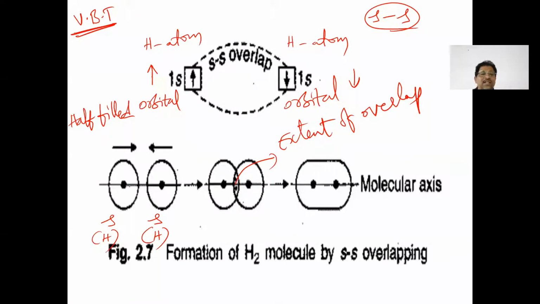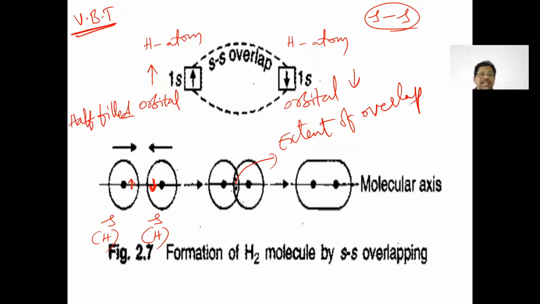This 1s orbital has a clockwise spinning electron, and this 1s orbital has an anti-clockwise spinning electron. Now these 2 electrons will be located between the 2 nuclei. This is the nucleus of one atom, and this is the nucleus of the other atom.